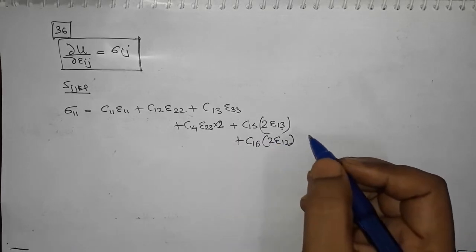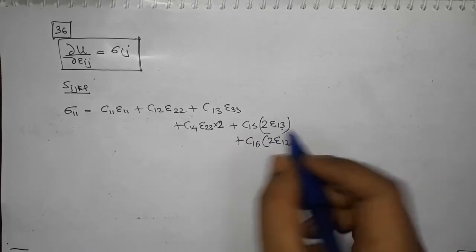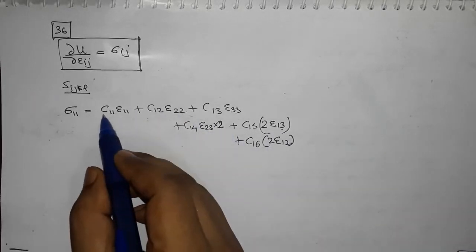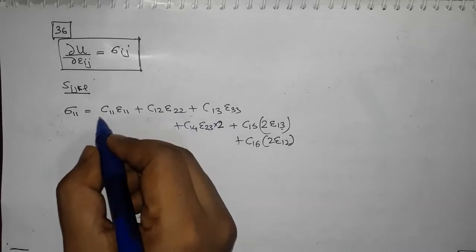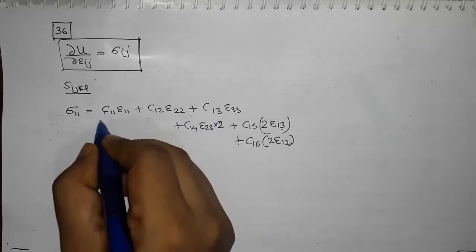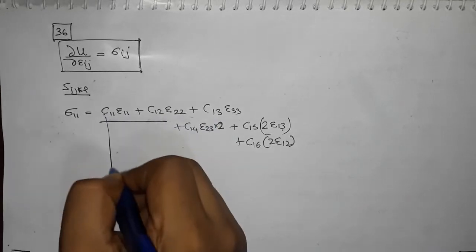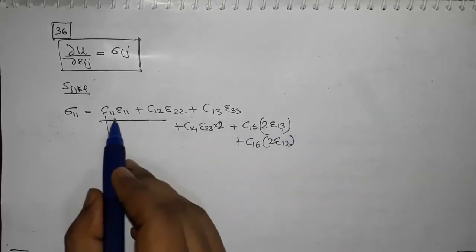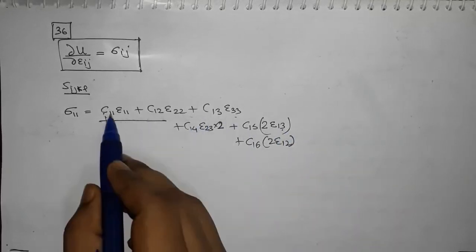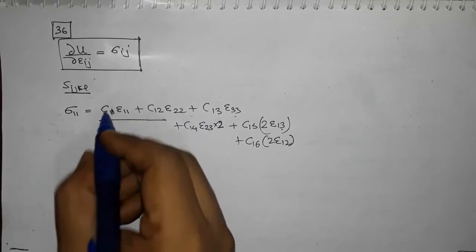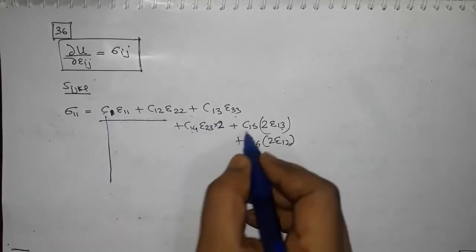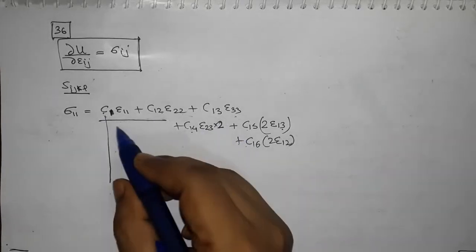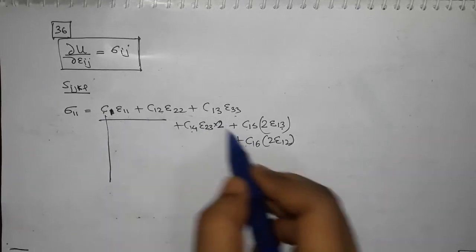Okay, so what we are doing is, instead of writing C1111, C1112, we are just taking the row number and column number. This is row number 1, so for the first index of this compliance tensor we are taking 1 always. And whatever is the column number we write that.